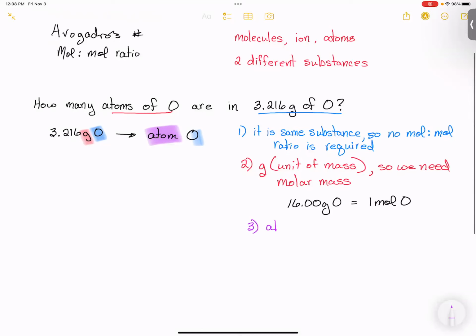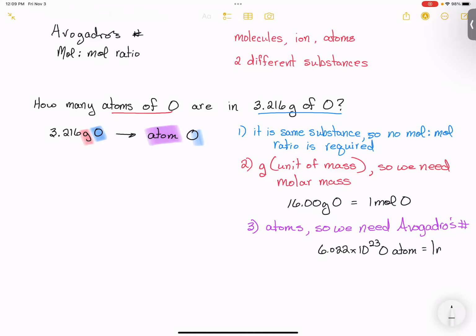Because we are dealing with the word atoms, you need Avogadro's number, which is 6.022 times 10 to the 23rd of anything. In this case, oxygen atoms is equal to 1 mole of that thing. In this case, oxygen.